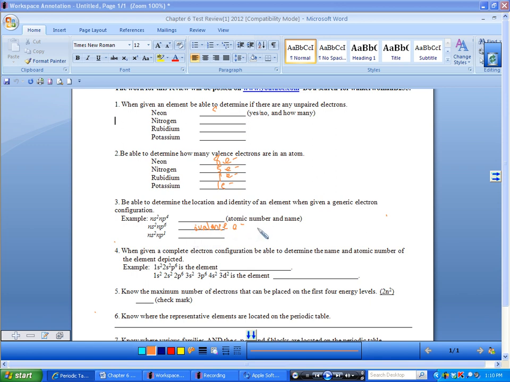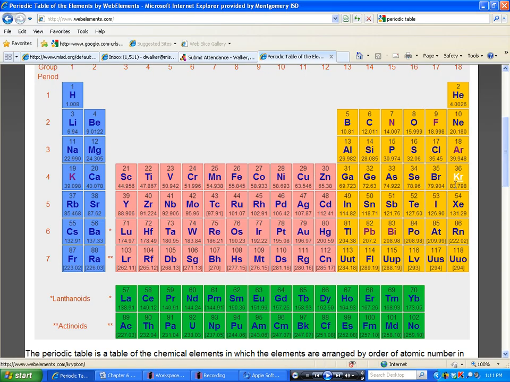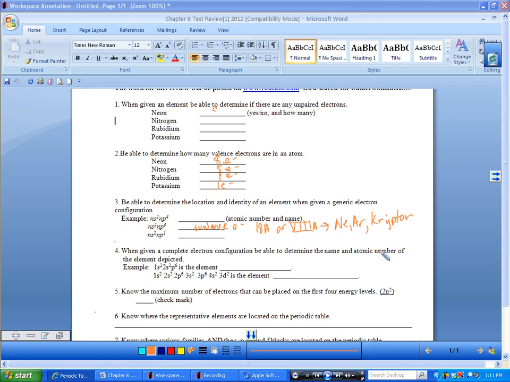So 8 valence electrons is group 18A or 8A. And it's neon, argon, krypton, xenon, radon, any of these in the noble gases.